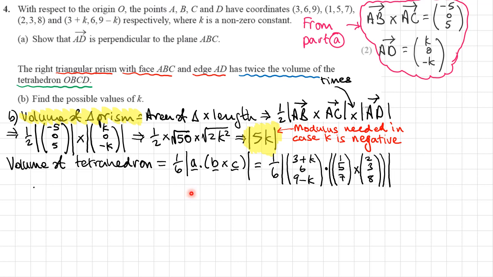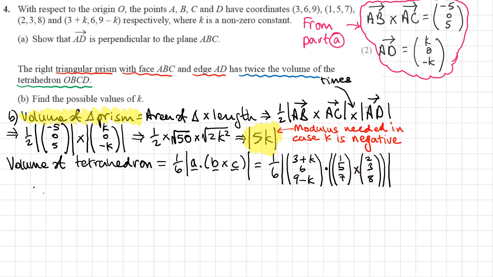So now I just replace A, B and C with my three vectors: OB I've put here, OC and OD. I've done it this way around because it's probably going to be easier to find the cross product between these two vectors rather than one of these vectors and the one that's got k's in. So let's start by working out the cross product between these two.